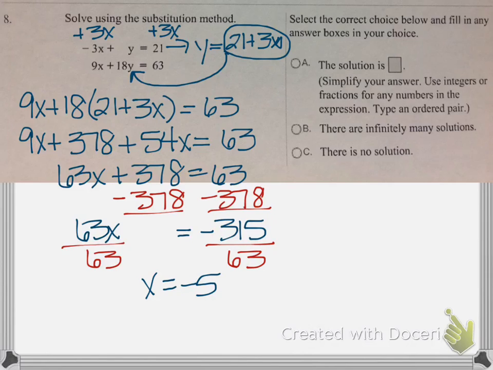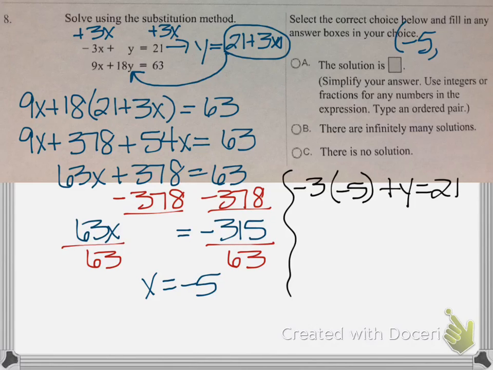Now remember again, that's only half of our answer. That's the x coordinate. So now I have to go in and find my y. Now you can pick either one of your originals. It doesn't matter which one. I would probably just pick the top one because the numbers are smaller. That's really my only reason for picking it. So if I go -3, now instead of x, I'm going to replace it with -5 plus y equals 21.